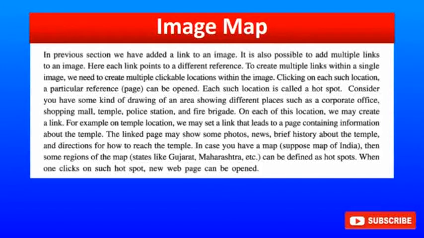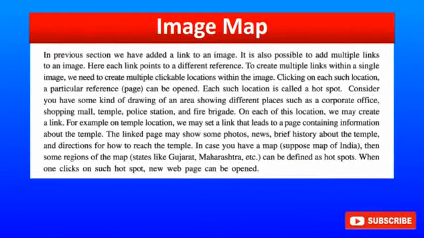If that part of the image is clicked, then so and so location of the so and so web page is to be opened. So clicking on each such particular location, a particular reference page can be opened, and each such location is known as hotspot.